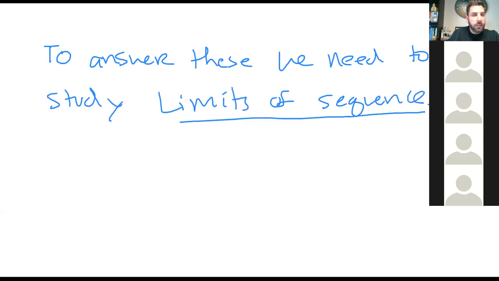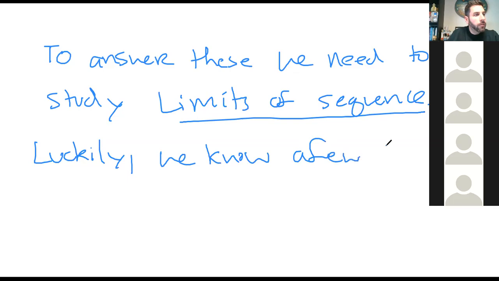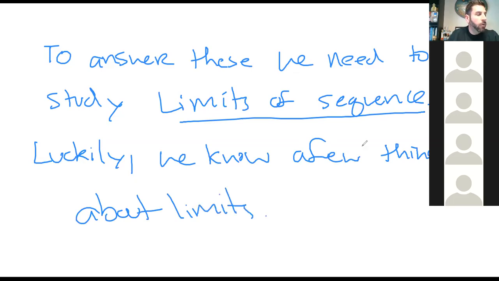Now, luckily for us, this is the same type of limit we've been studying. So luckily, we know a few things about limits, and we will see this tomorrow.